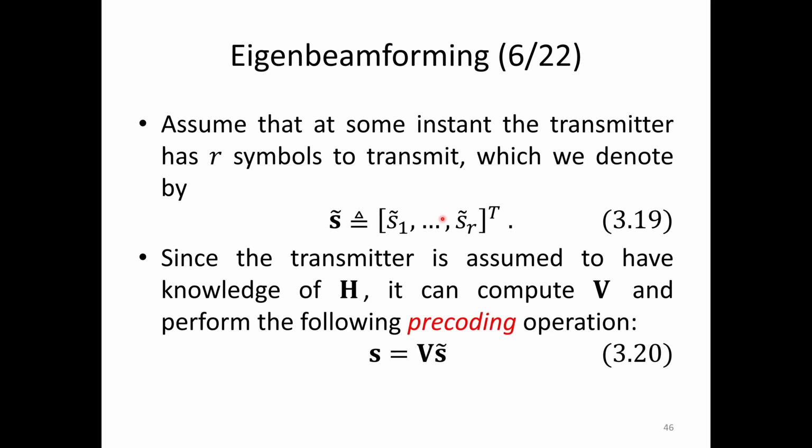Assume that at some instant the transmitter has R symbols to transmit, where R is the channel rank, which we denote by S tilde, defined as S tilde 1 to S tilde R transpose.